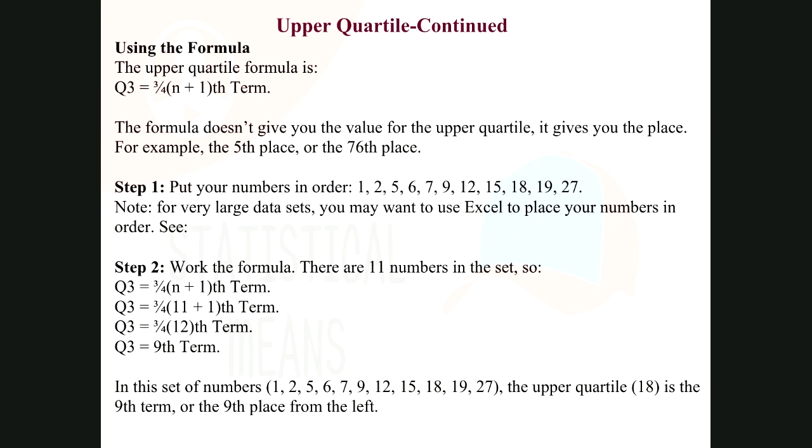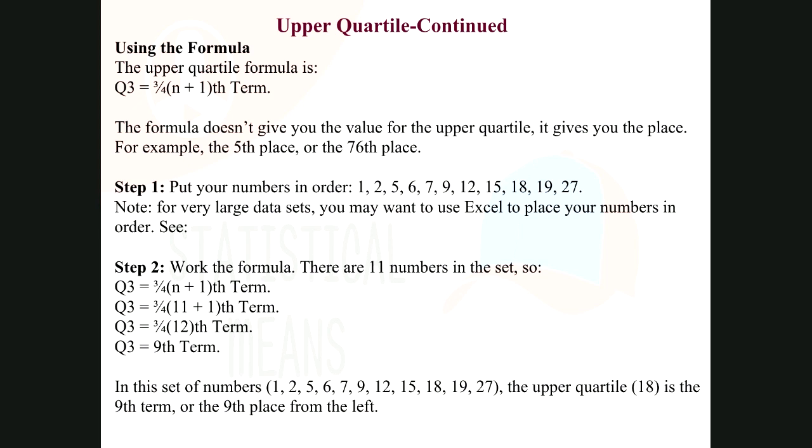The formula doesn't give you the value for the upper quartile, it gives you the place, for example the 5th term, or 76th place. Step 1 is to put the numbers in order, which makes it a lot easier to calculate.